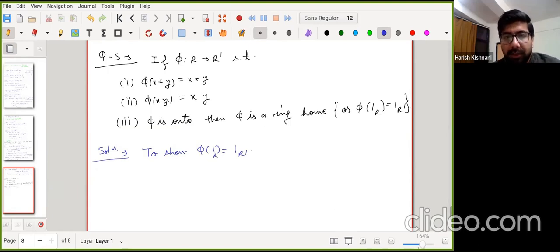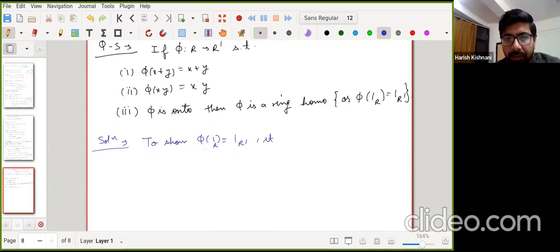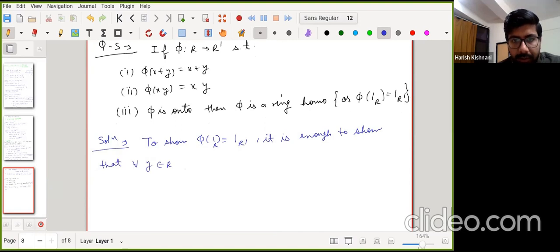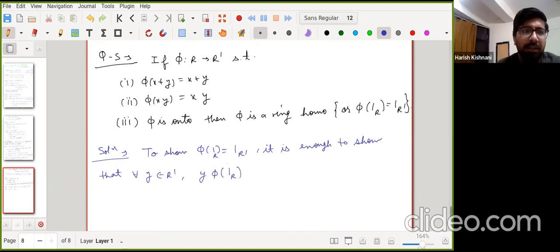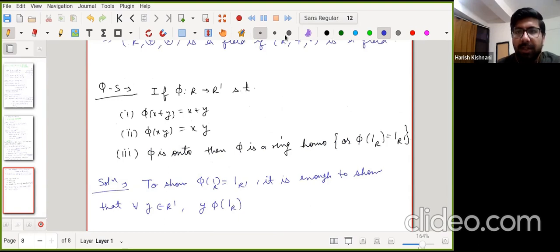So R dash, it is enough to show that for all y in R dash, the conditions are valid for all x comma y in R. This is the homomorphism condition.